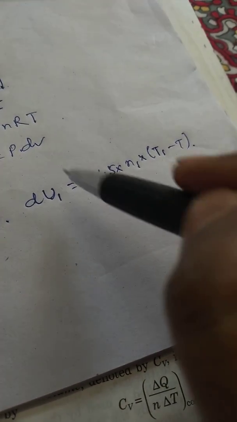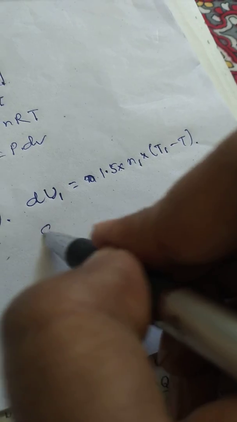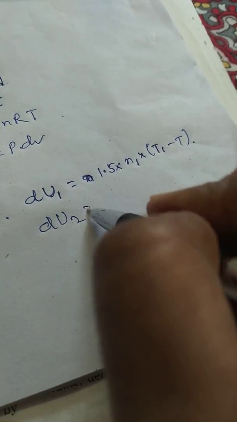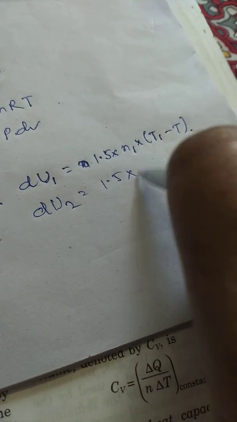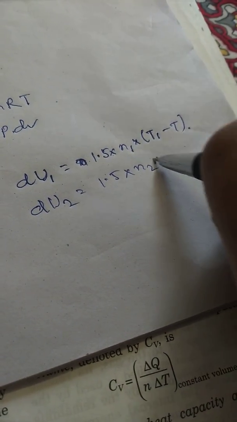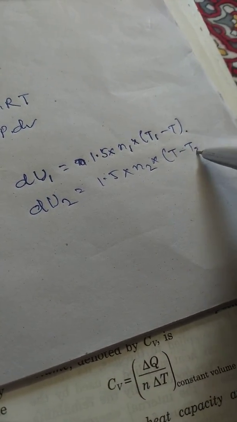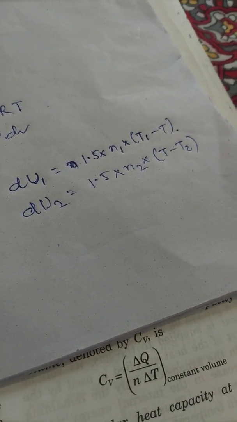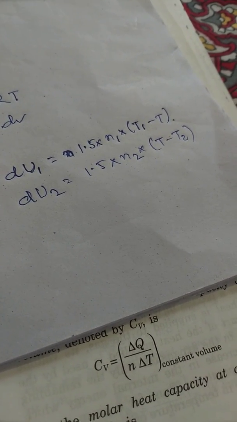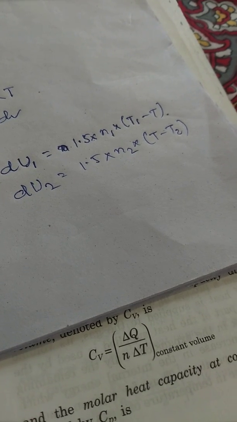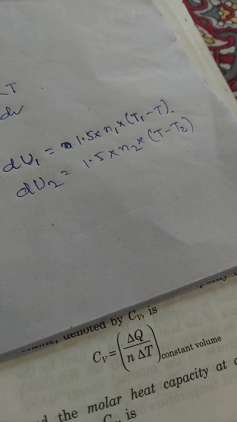It is the heat loss by this, and heat gain by the second part, that is this part, is 1.5 into N2 into T minus T2, because the final temperature is always in between the maximum temperature and the minimum temperature.